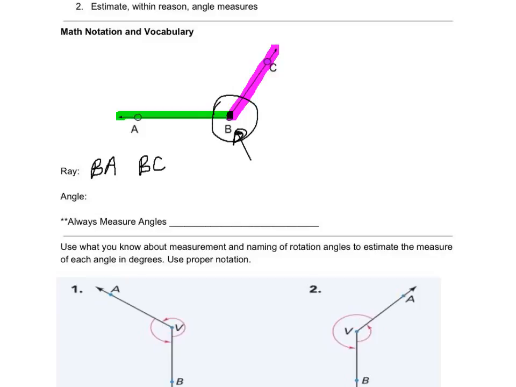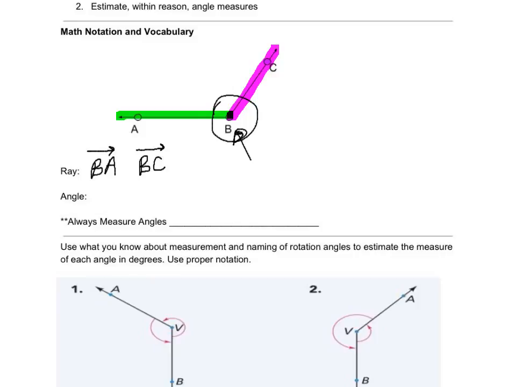Now in math, to be able to tell whoever is looking at our work that we're not just talking about B times A or B times C as two variables squished next to each other, we use the notation with the line and the arrow above it. And that arrow always points to the right. And now we are notating that we are talking about a ray. So ray BA and ray BC.